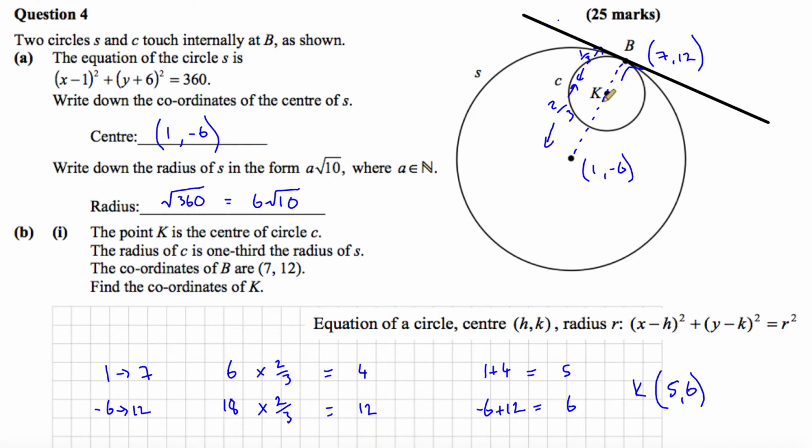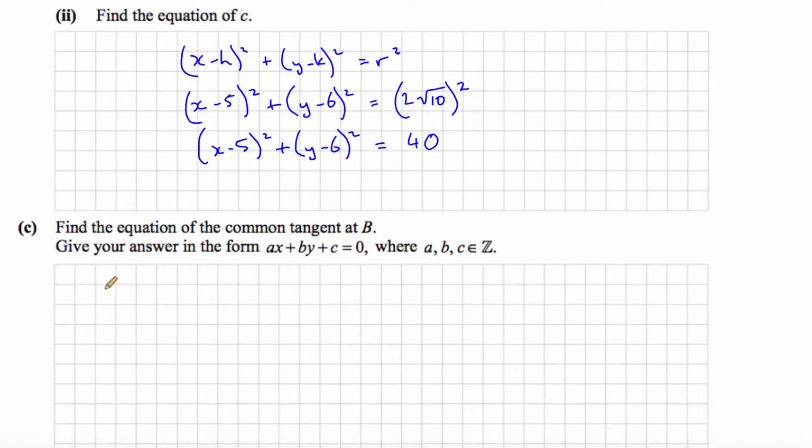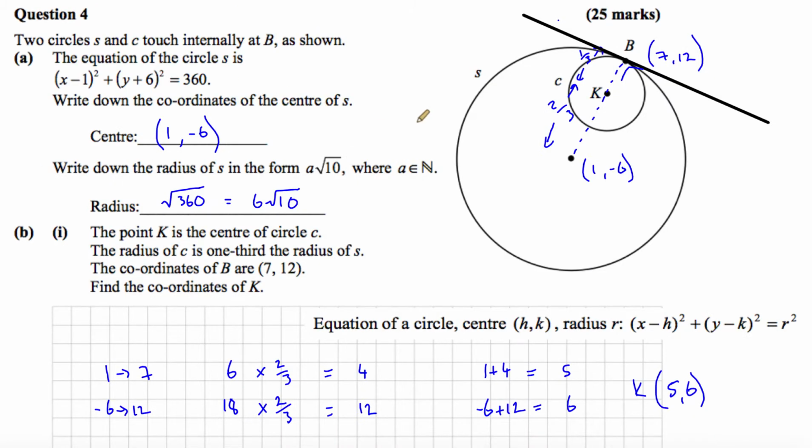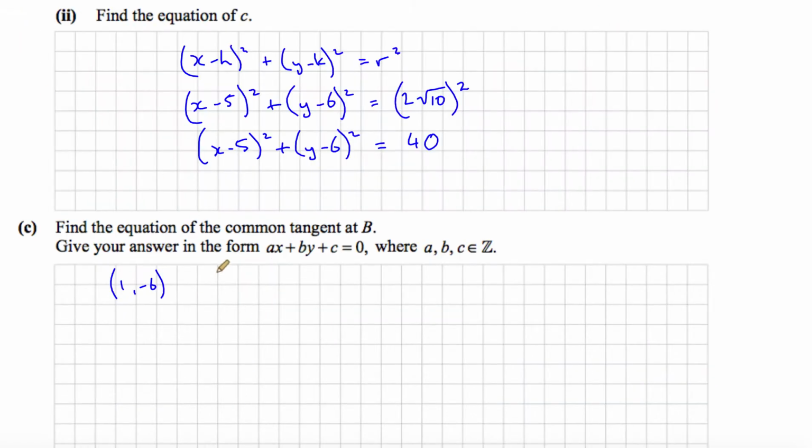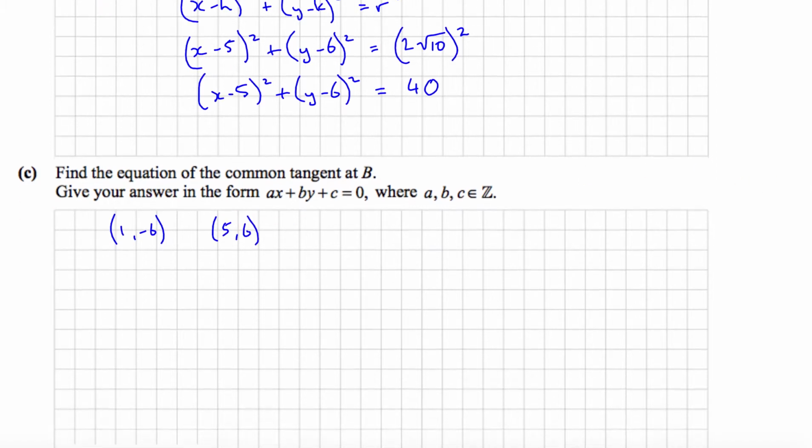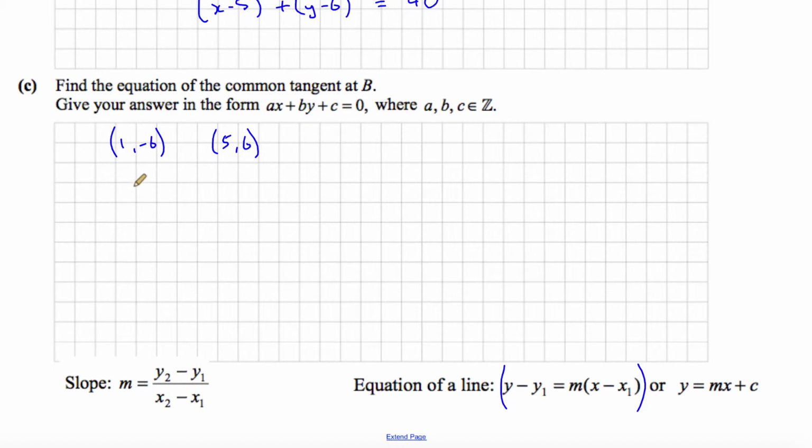Let's just go back. We can use 1 and minus 6, and then K, which was 5, 6. You could use B as well, but use K, 5, 6. Okay, so that's going to be our x1, y1, x2, y2.